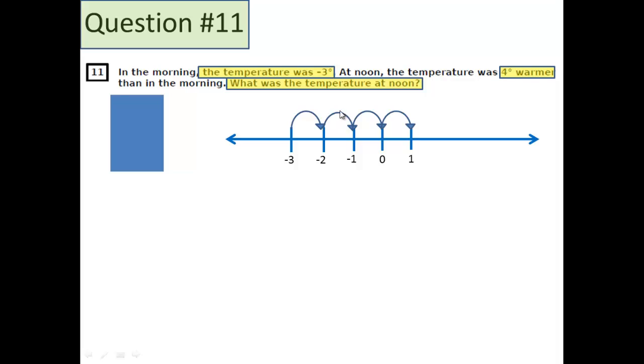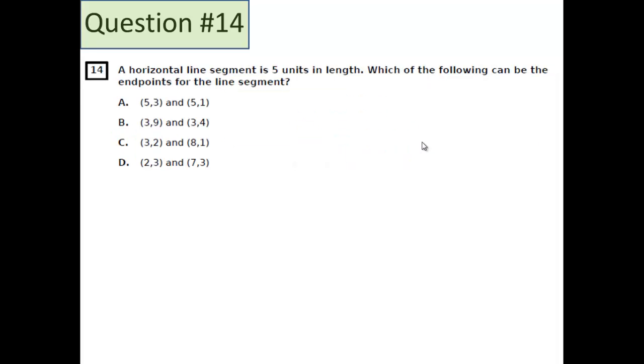So if you get 4 degrees warmer, you are now going to be at 1 degree. The answer was letter C. Okay, and that's why I appreciate folks just drawing out that number line, showing your jumps, and letter C was the correct answer.